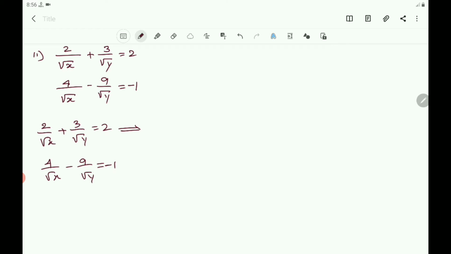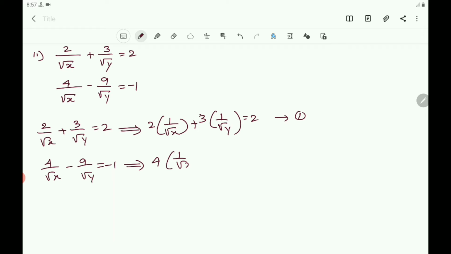Now you write this as 2 into 1 by root x plus 3 into 1 by root y is equal to 2, and this is the first equation. Second one implies 4 into 1 by root x minus 9 into 1 by root y is equal to minus 1. This is the second one.